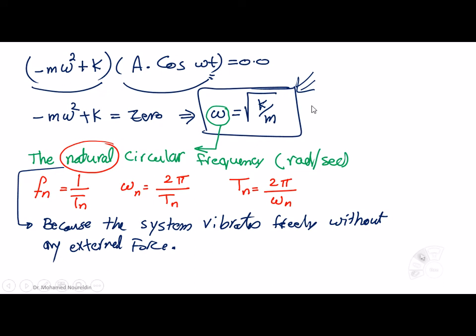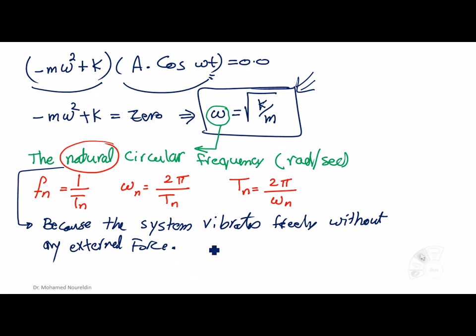If we have one system and I initiate it with u node and v node like 10 and 20 respectively, it doesn't matter if another person initiates it with another value of the initial displacement or velocity. It will not make any difference. The system will vibrate freely with the natural frequency that we are dealing with here. Okay? Understand it?